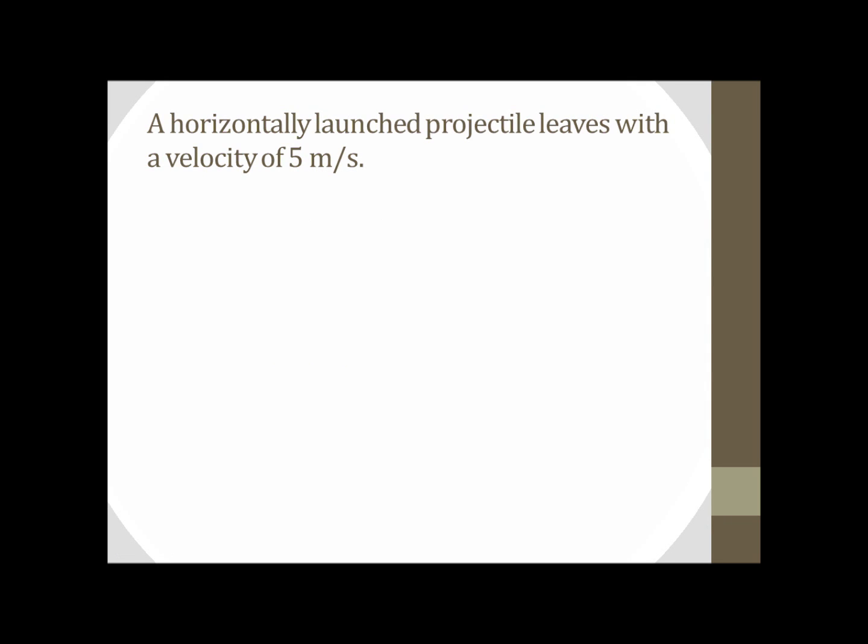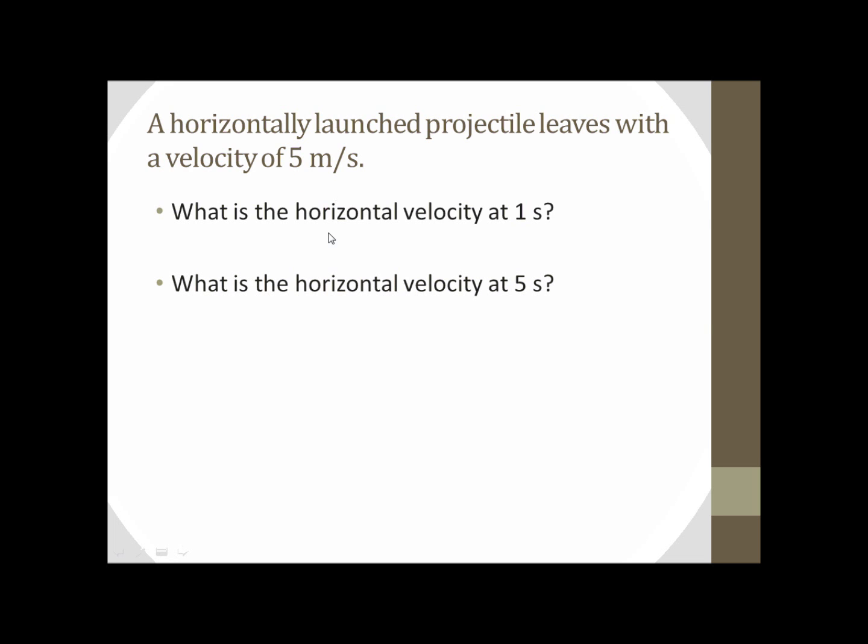So a horizontally launched projectile leaves with a velocity of 5 meters per second. So that would be the animation that we saw. What is the horizontal velocity at 1 second? Well, according to our animation, it was still 5 meters per second. What was the horizontal velocity at 5 seconds? Well, since it's constant, that means the horizontal velocity at 5 seconds would still be 5 meters per second.